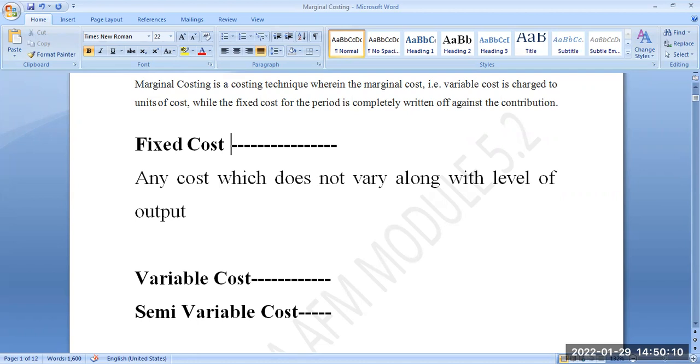If that is the case, how much does the company spend to manufacture one notebook in terms of raw material? 9 rupees. If I have to produce 100 notebooks, how much do I have to spend on raw material? 900. Now tell me, is raw material cost a fixed cost or variable cost?